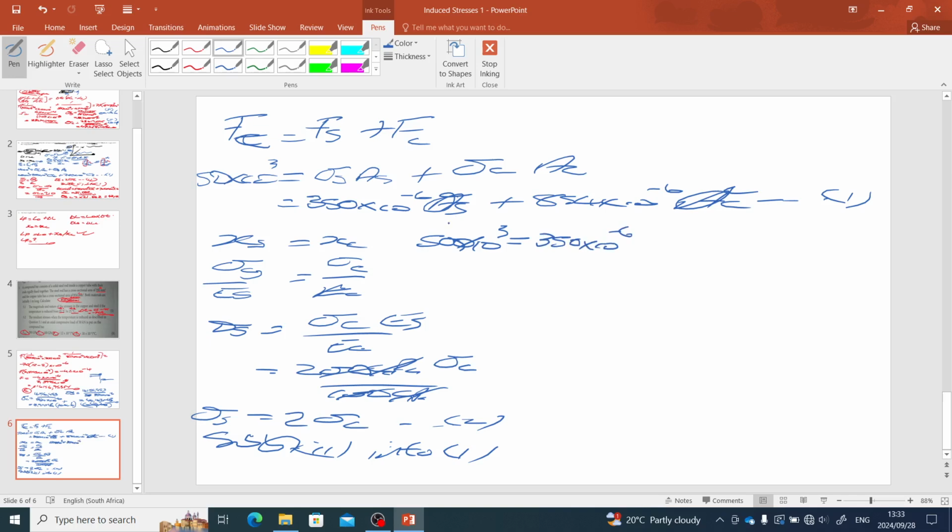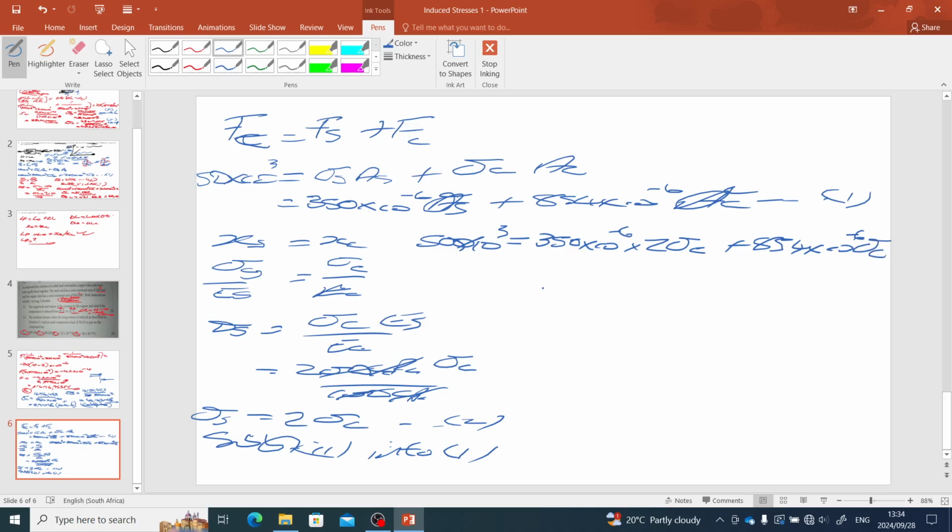Where there's a steel, we'll substitute it with 2 times copper plus 854 times 10 to the power negative 6 multiplied by stress copper.